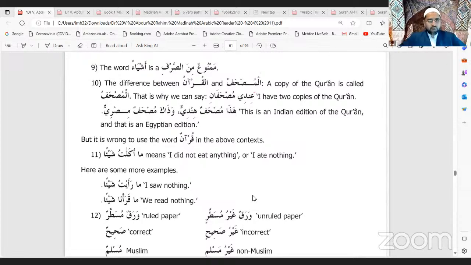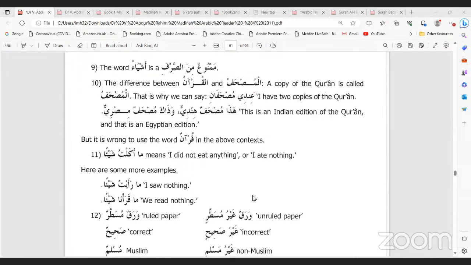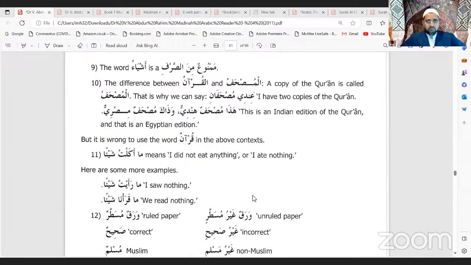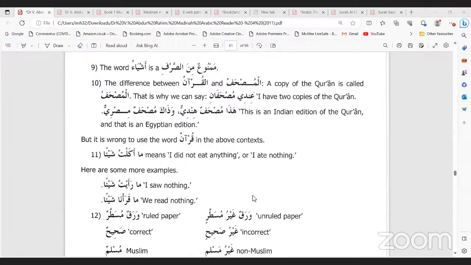The number 10, the difference between al-mushafu and al-Qur'anu. A copy of the Quran is called al-mushaf. That is why we can say in the mushafani, I have 2 copies of the Quran.